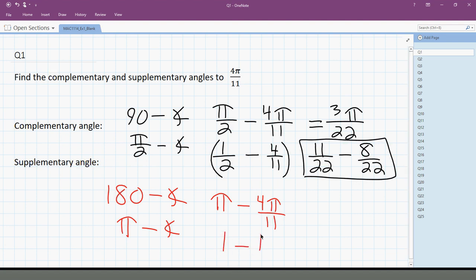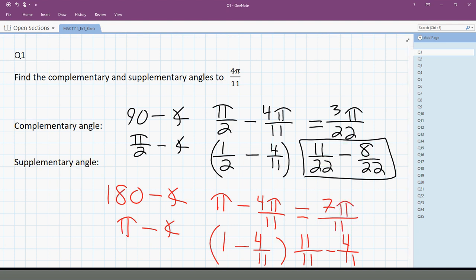So in other words, the 1 minus 4 over 11, you converted it to the common denominator, which would be the 11 over 11 minus 4 over 11. So what does our answer get us? 7 over 11. And the pi still in top.